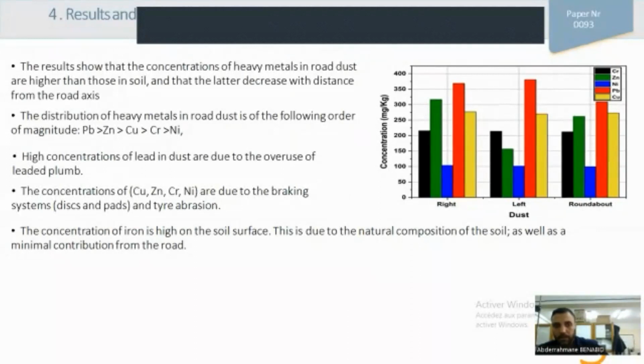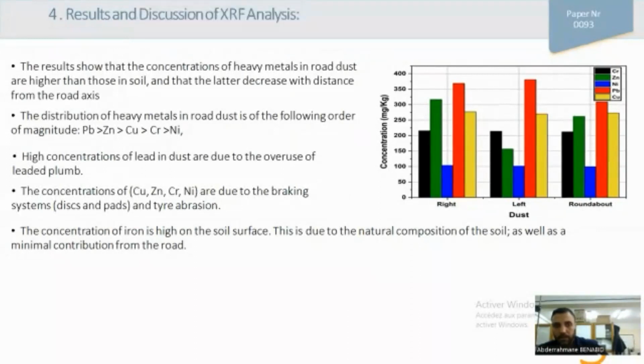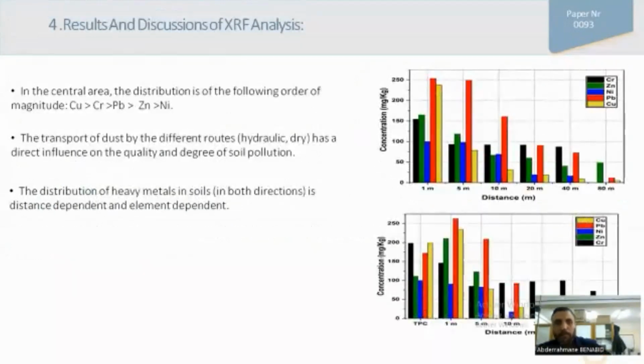The concentration of iron is high on the soil surface. This is due to the natural composition of the soil, as well as a minimal contribution from the road. In the central area, the distribution is of the following order of magnitude: copper and chrome, lead, zinc, nickel.